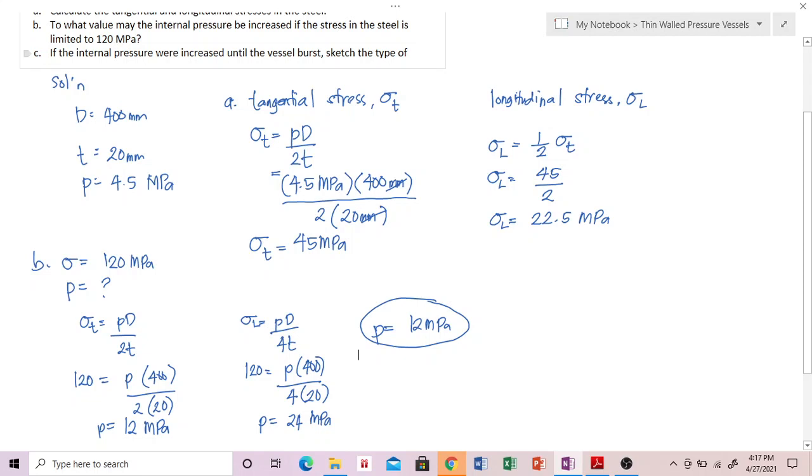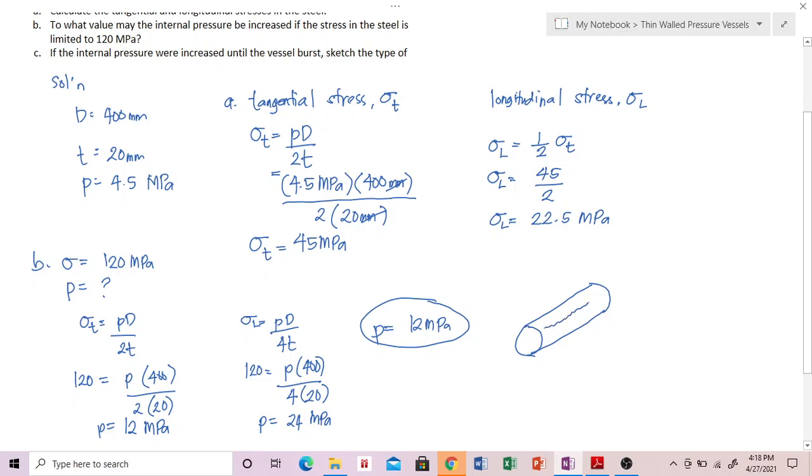Okay. Letter C. If the internal pressure were increased until the vessel burst, sketch the type of failure. So, sketch lang ito class, failure lang. So, kapag tinaas daw ng tinaas yung internal pressure, ano mangyayari dun sa failure? Considering this is the cylindrical vessel, tapos in-increase mo ng in-increase yung pressure sa loob, so ang mangyayari dyan class na failure is ito.